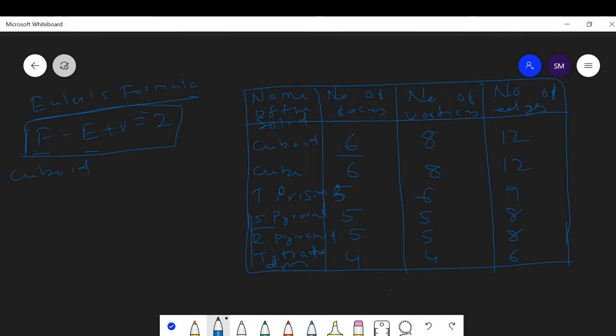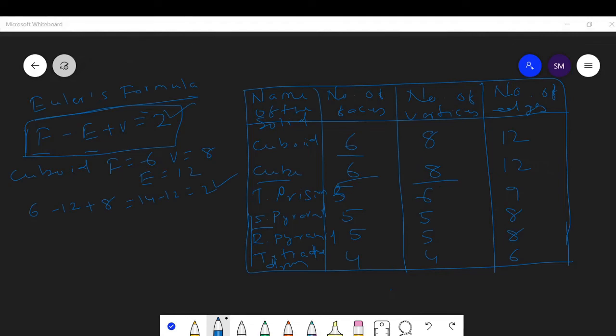In the case of the cuboid, the number of faces F is 6, the number of vertices V is 8, and the number of edges E is 12. Applying Euler's formula: 6 minus 12 plus 8, which is 14 minus 12, equal to 2. Yes, this satisfies Euler's formula. The cube has the same; if the cuboid satisfies Euler's formula, the cube also satisfies it.